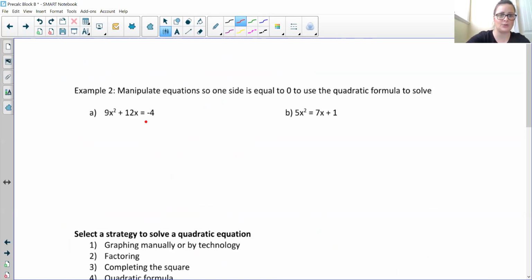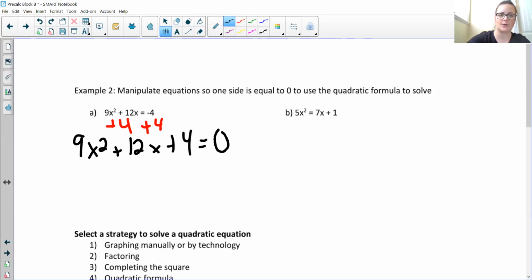So the first thing we're going to do is use some algebra and move it all to one side. So we get 9x squared plus 12x plus 4 equals 0. And now we have our a value, our b value, and our c value.